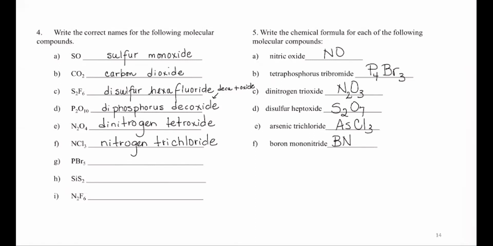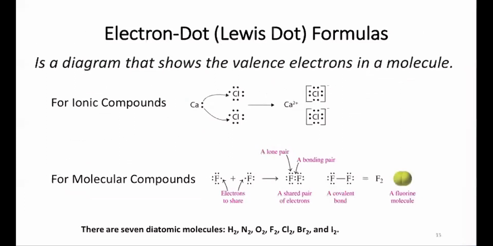But now that we know about compounds, now we're going to focus on their structure. So when it comes to the structure, we are going to go back and revisit the topic of electron dot formulas. Now we're going to call it by another name, which is the Lewis dot formula.